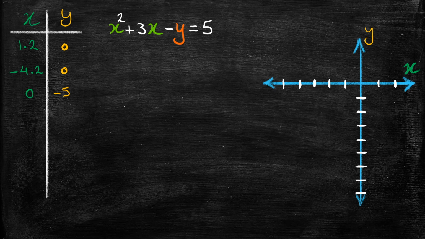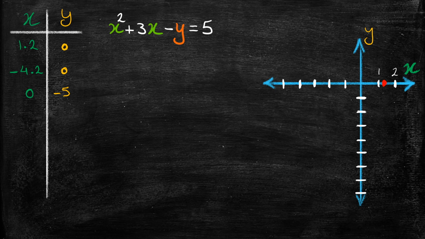So here's 1, over here is 1, and then between 1 and 2, so you see this is 1, this is 2. Between 1 and 2, more towards 1, is roughly here, let's say. This is the first point.